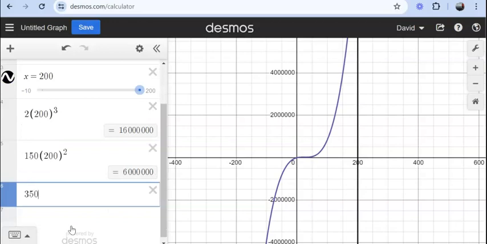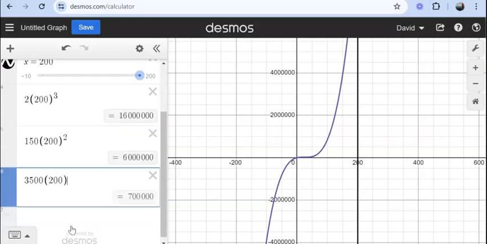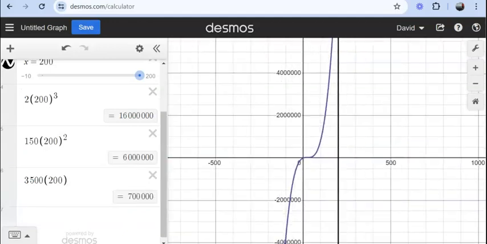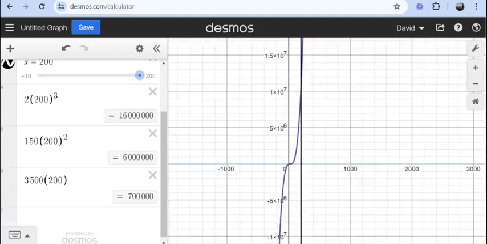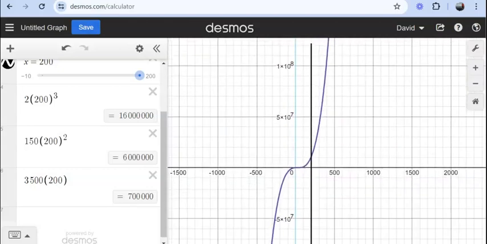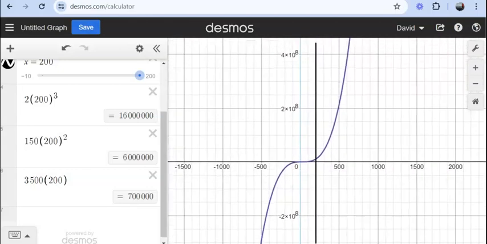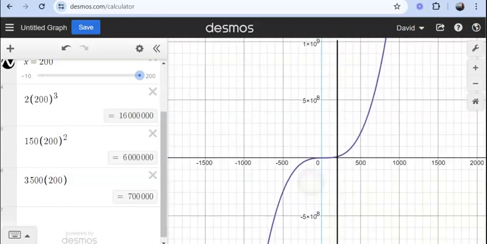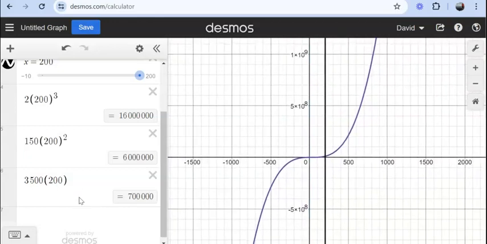And the 3,500, even though it's got a big coefficient, that's falling behind. If I zoom out even more, then it becomes much more like the absolute classic x cubed shape.